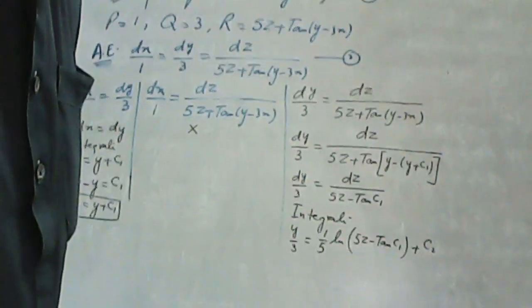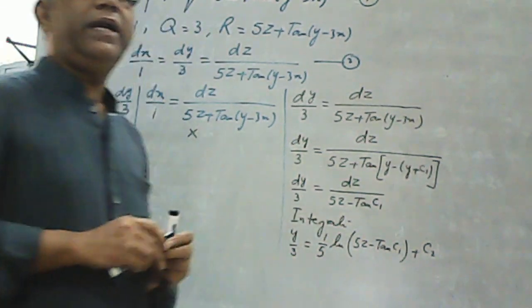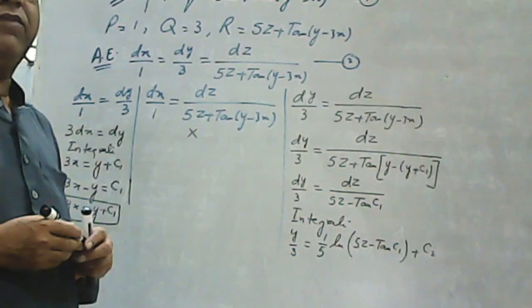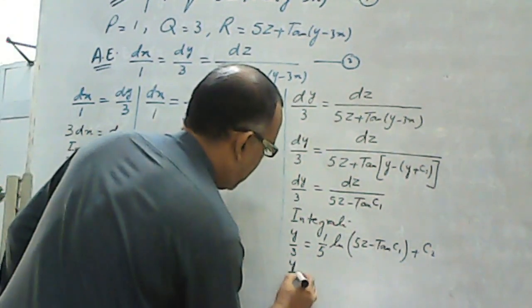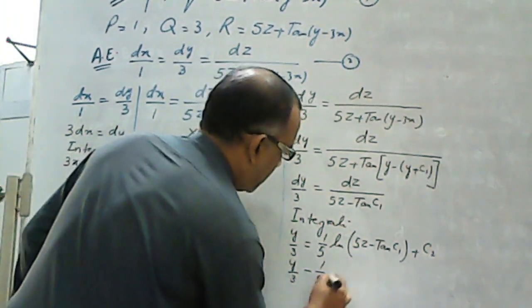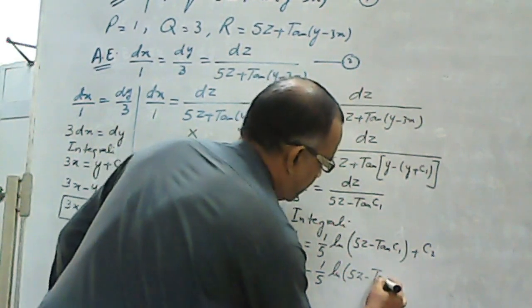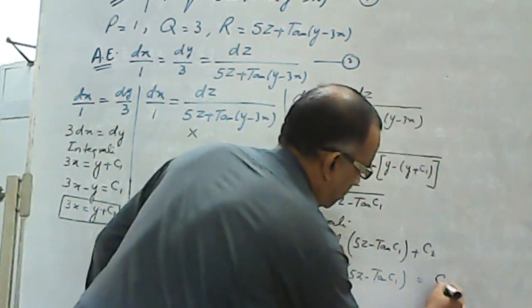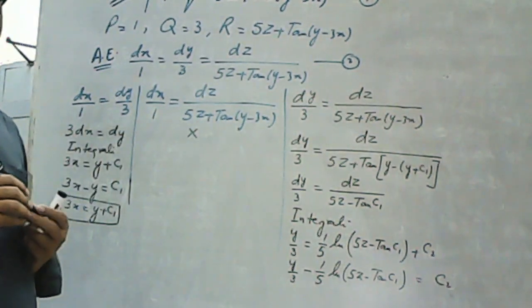Because the derivative of the denominator is just 5, so I divide it by 5, and it means y upon 3 is minus 1 upon 5 log of 5z minus tangent c1 equal to c2. So the answer for c2 is there.